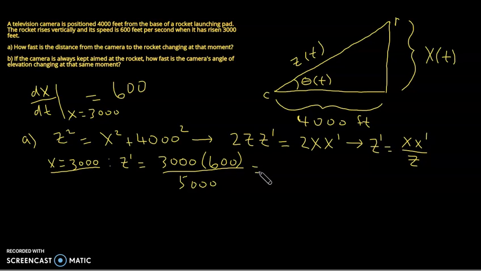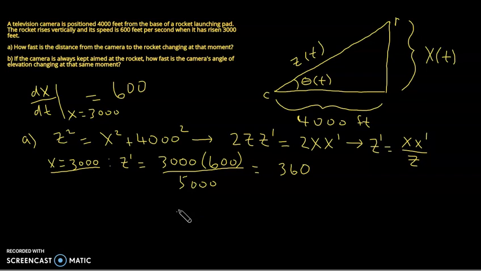So all we have to do now is simplify this and then put the units in. We can cancel our thousands here, so we have 3/5 times 600, and then 5 goes into 600 120 times, so we get 3 times 120, so numerically speaking we have 360.